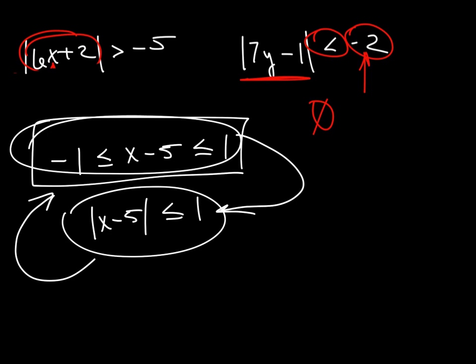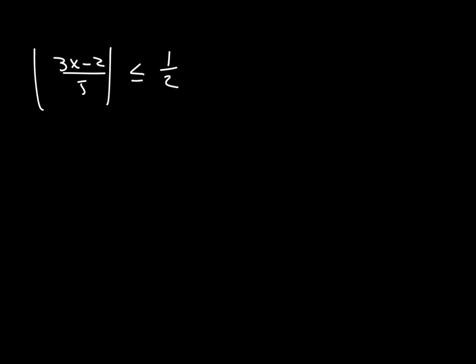So like number 41, let's do number 41 real quick. Because of the less than symbol, this can be written as 3x minus 2 over 5 is less than or equal to 1/2, and greater than or equal to -1/2. Then we multiply everything by 5.